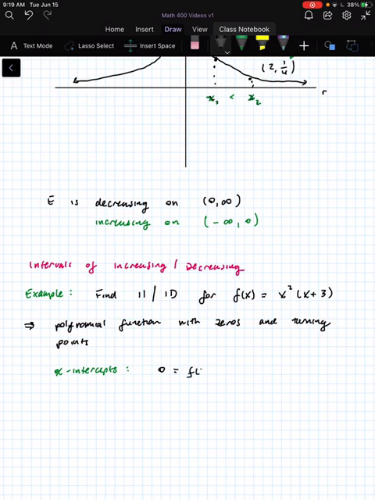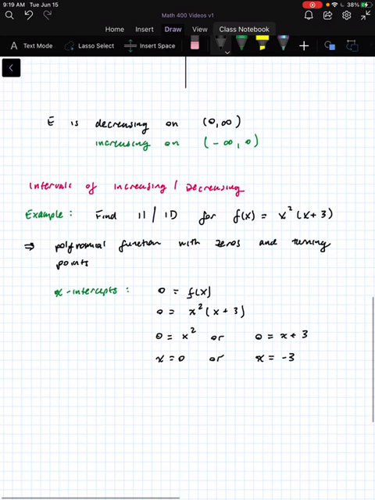Well, if you solve this equation, f of x equals 0, then we should be able to figure out what x values give us a 0. So the zero factor property tells us that 0 equals x squared or 0 equals x plus 3, which means either x equals 0 or x equals negative 3.